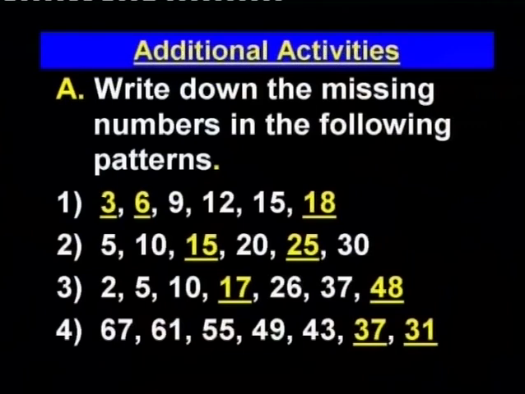Let's move on to number 4. You have 37 and 31. Let me give you the rule. You are subtracting 6. 5 or 6? 6. All right. So each time you subtract 6 to get the next number or the next term. All satisfied? Let's move on to the next part.